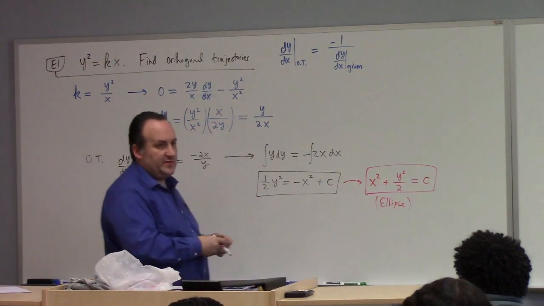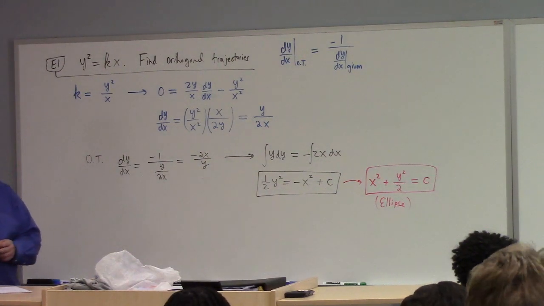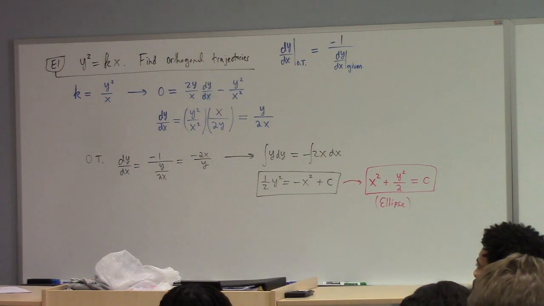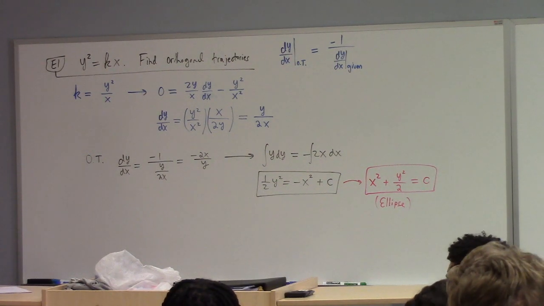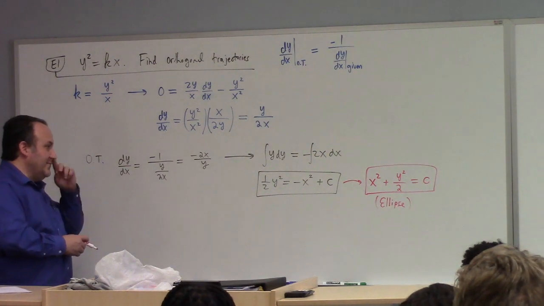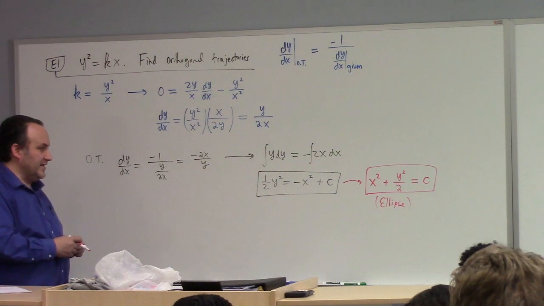It's an ellipse centered at the origin with major axis root 2 and minor axis 1, I suppose. But solving for y, I'd need more information here, so I wouldn't probably do that here.